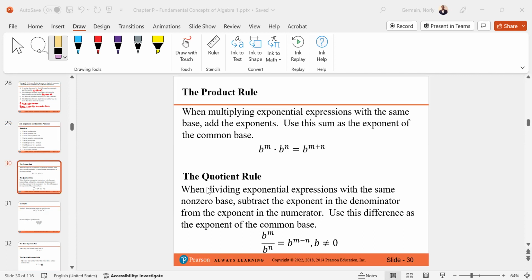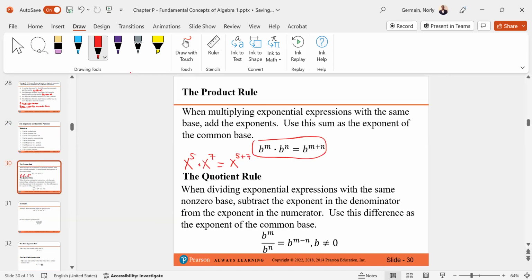If you consider the multiplication of two exponential expressions, for example, x power 5 times x power 7, we are multiplying the bases, each with an exponent. But because the bases are the same, what we can do is keep the same base, and we add the exponents. So that's why we said this formula right there is the product rule.